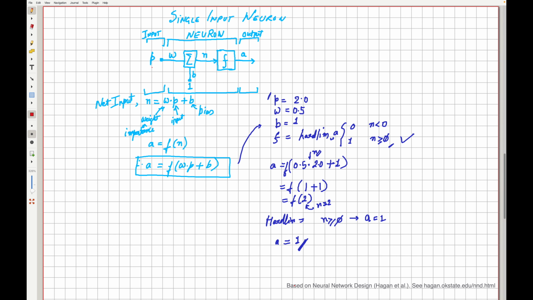We have an input, which is right here, and we multiply it with the weight, then we add the bias term to that product to get the value for the net input n, which we then feed into a transfer function f, which could be any type of transfer function such as hard limit, and that will then give us an output which we denote as a, which is the prediction of this particular single input neuron. That was it for this video.